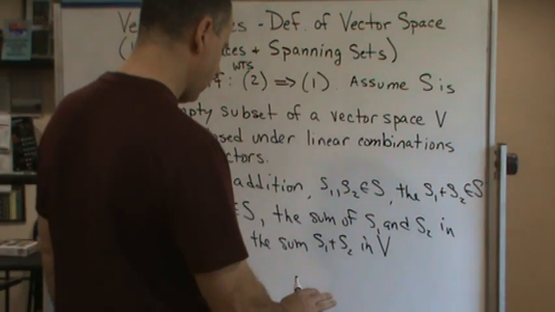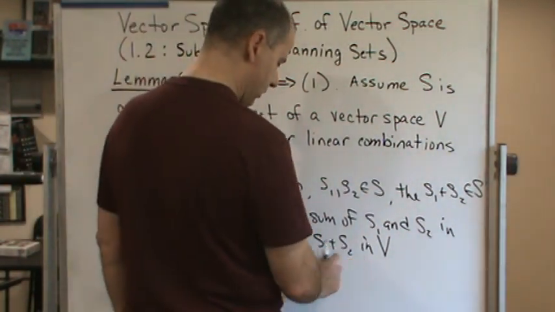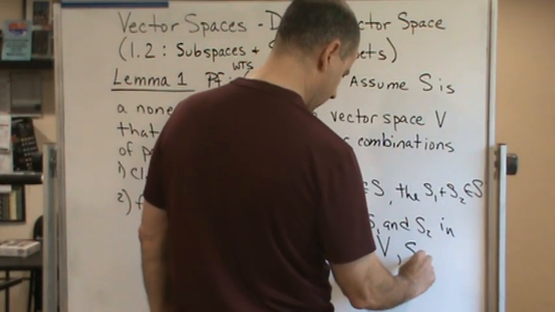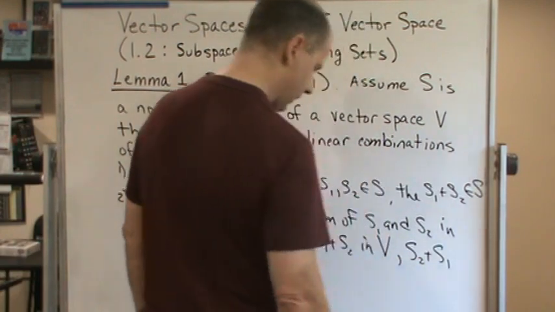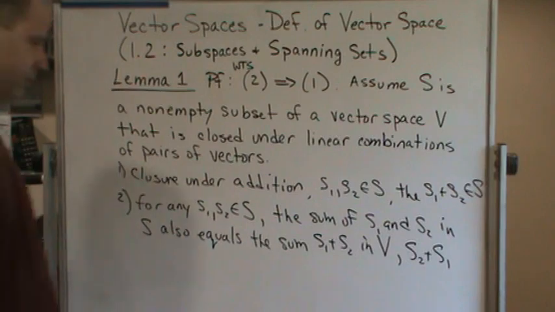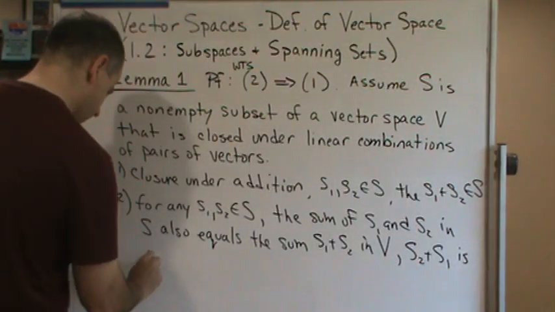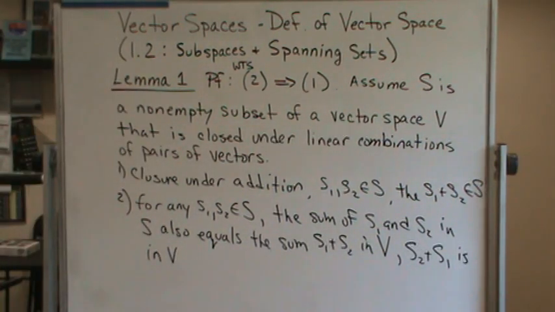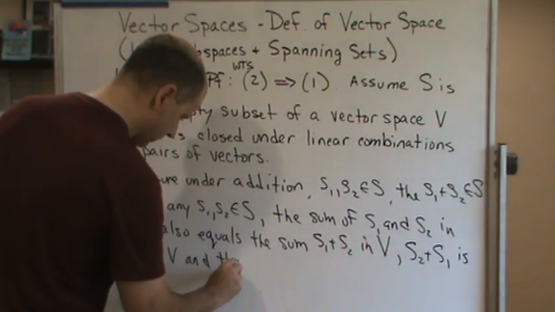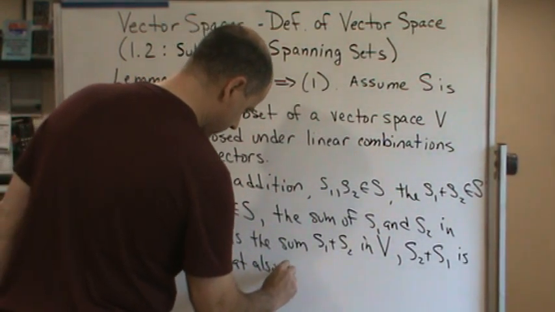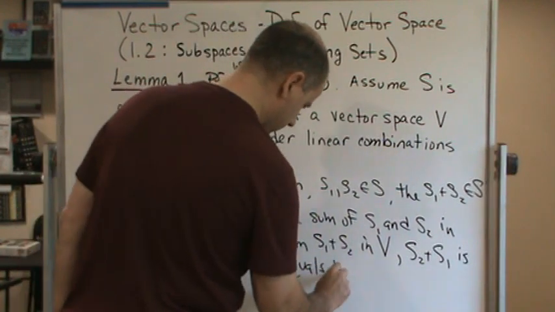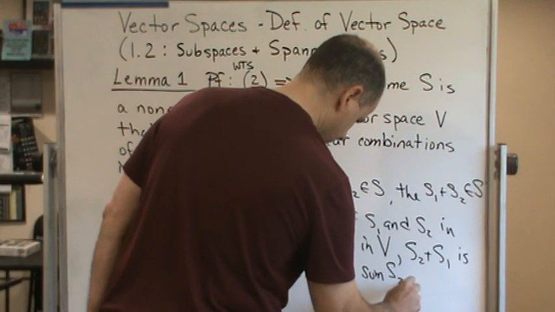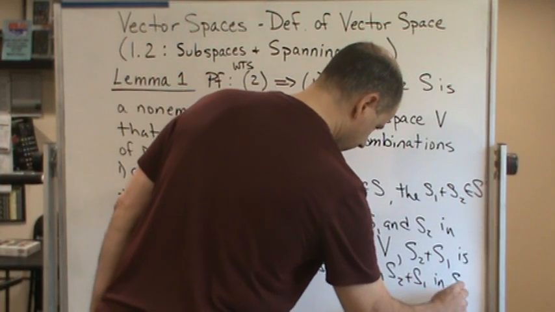And since the operation is commutative, S2 plus S1 is also in V, and that in turn equals the sum S2 and S1 in S. Oh, and all of these are vectors.